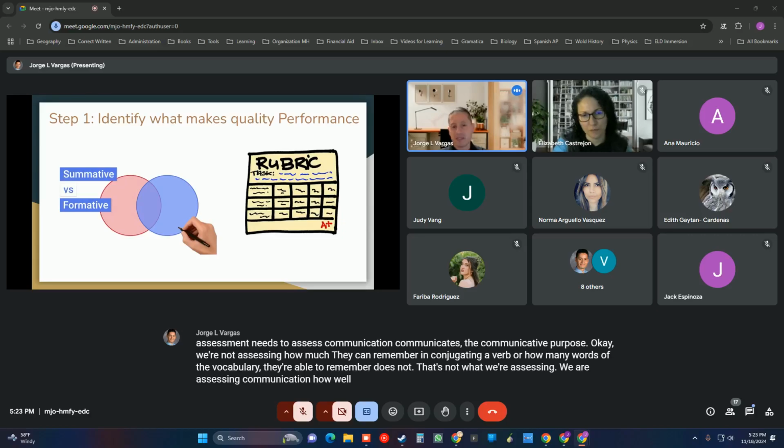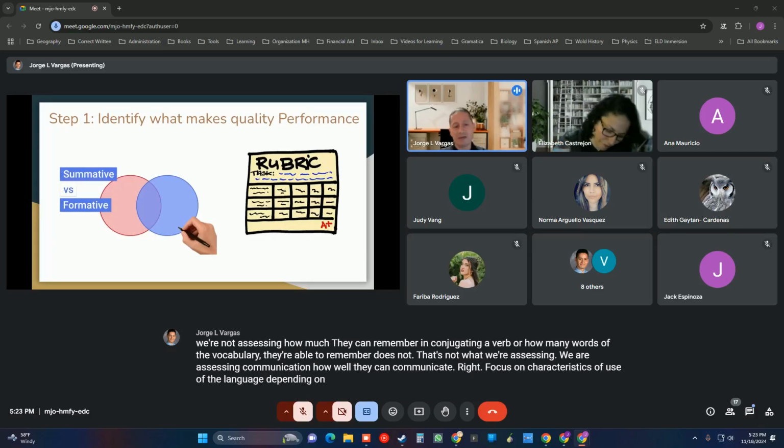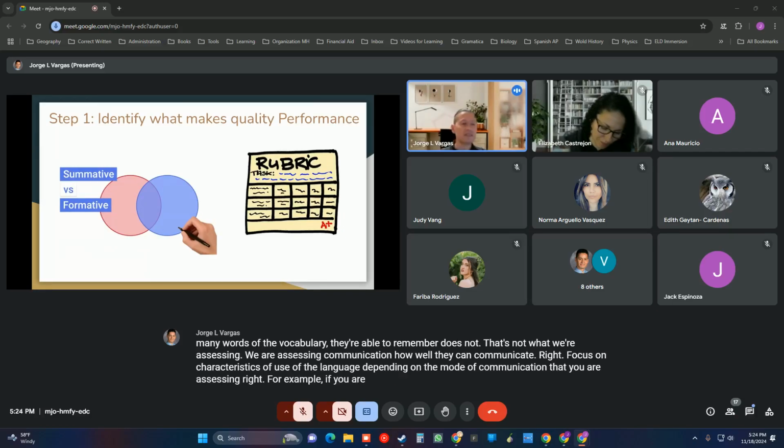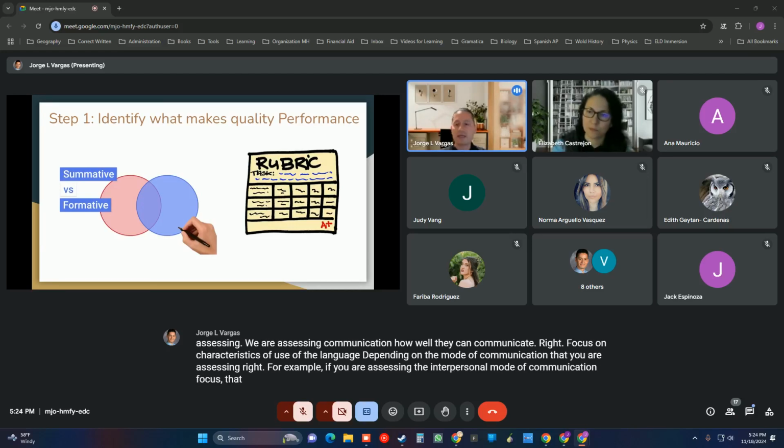Focus on characteristics of use of the language, depending on the mode of communication that you are assessing. For example, if you are assessing the interpersonal mode of communication, focus on whether they are able to respond on the spot, have that spontaneous conversation, and negotiate meaning when they're running out of vocabulary.